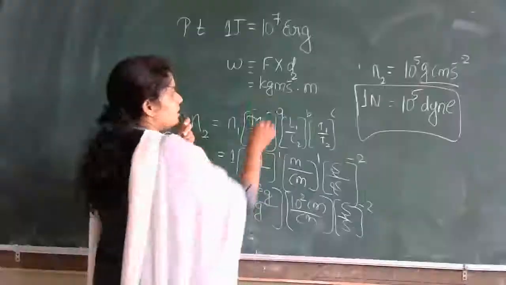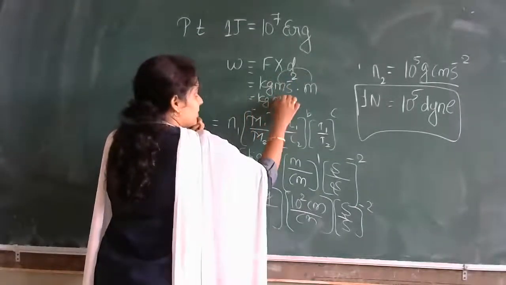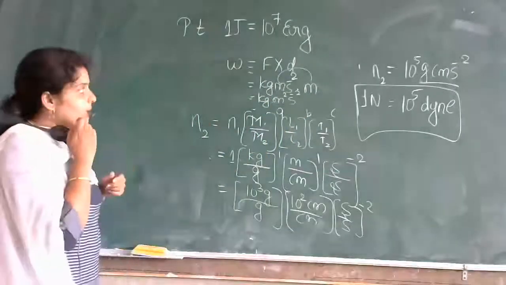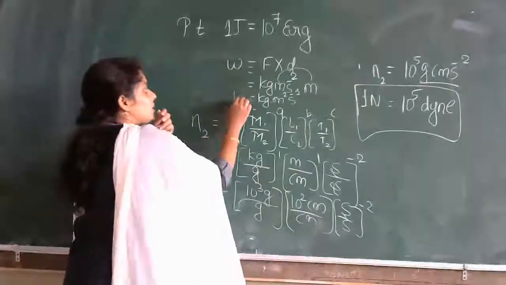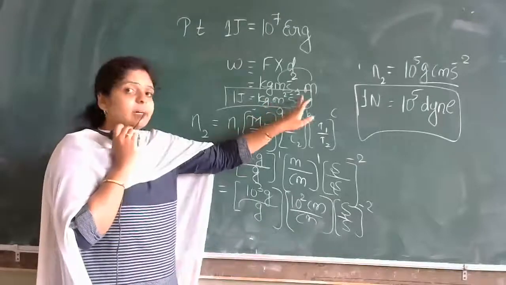Correct? This is equal to kg meter into meter, meter square per second square. So 1 joule is equal to kg meter square per second square.